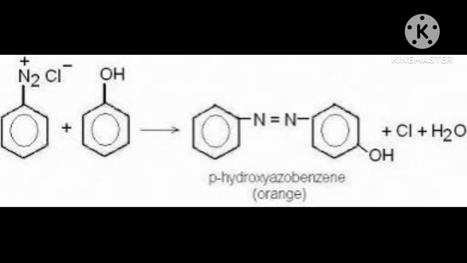ArN2Cl. There you write phenol. Both are close. Then the phenol OH group is there, then all the remaining carbon and hydrogen is there. Then that hydrogen and the Cl from N2Cl, the Cl of ArN2Cl and the H of phenol, both will react.